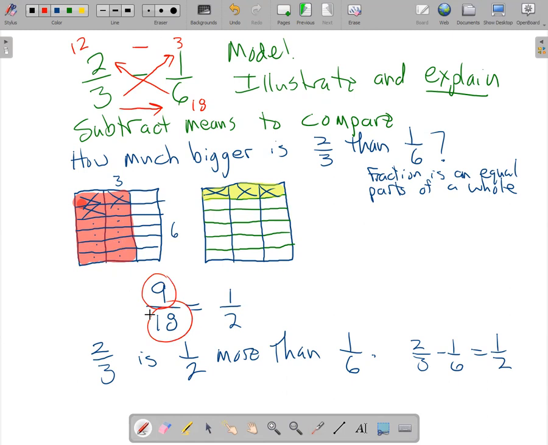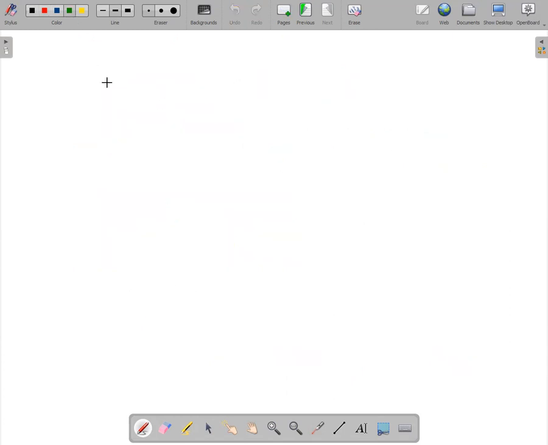Even if I went with the lowest common denominator here, so just look at this without the modeling part, 2/3 minus 1/6. 6 is a common denominator because 3 goes into 6. So I could multiply top and bottom by 2, in which case this is the same problem as 4/6 take away 1/6 gives me 3/6.